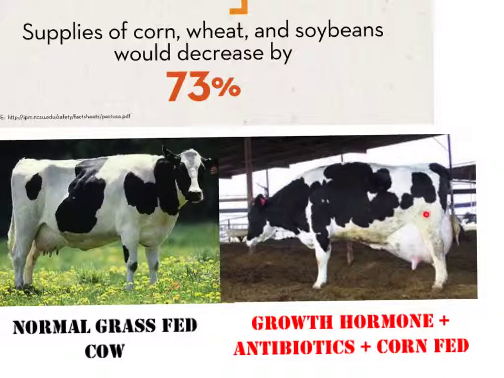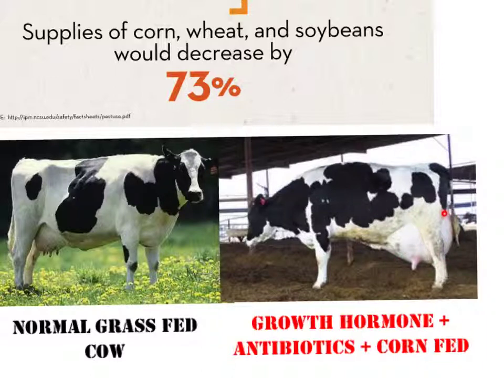As you can see, the milk production of this cow is much, much greater than for this cow. This is partly due to antibiotics. The antibiotics kill various bacteria in its gut, which might detract from the amount of food molecules that it absorbs into its bloodstream and can be diverted into milk production.